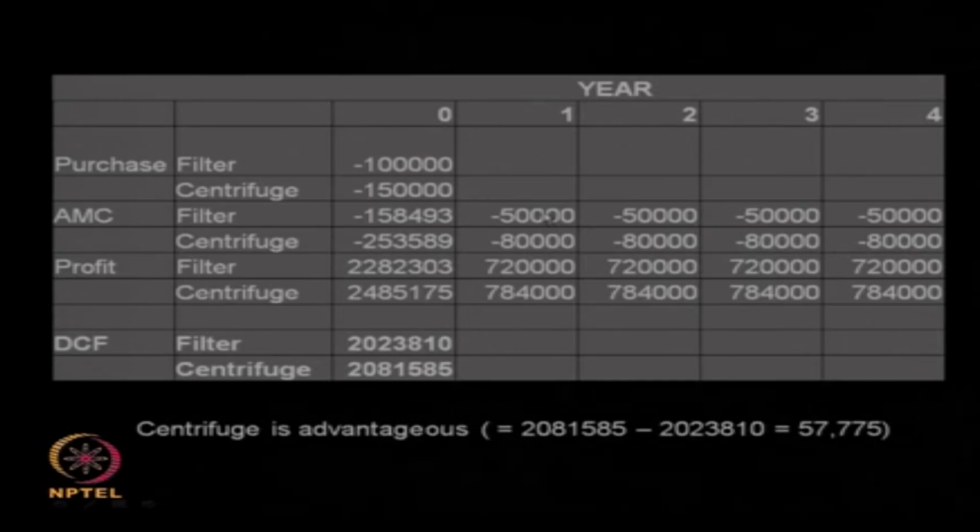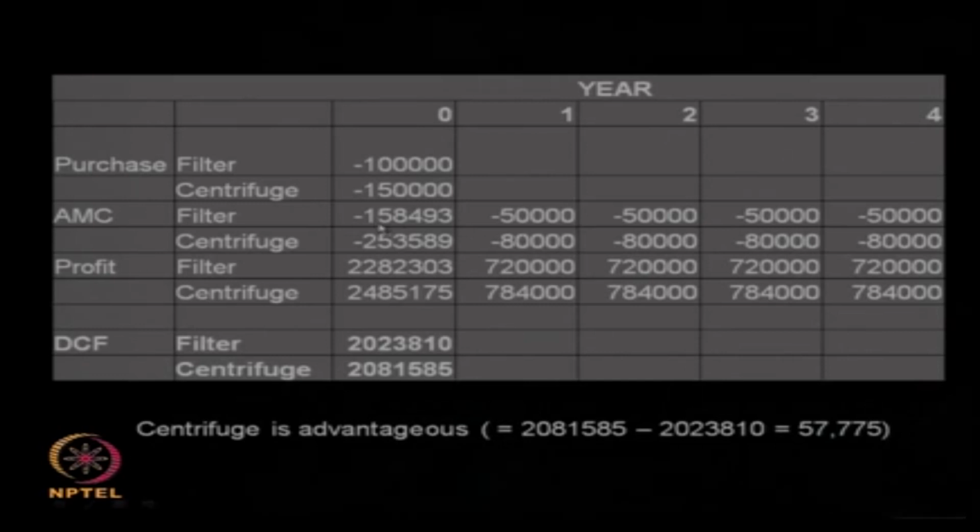Now what do I do? I bring these expenses to today's value. How do I do it? Simple, this will be 50,000 divided by 1.1, because 0.1 is my discount rate. This will be 50,000 divided by 1.1 square, 50,000 divided by 1.1 cube, 50,000 divided by 1.1 raised to the power 4, and then add up all of them.